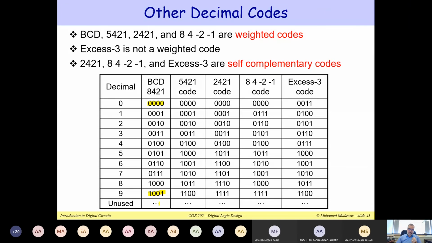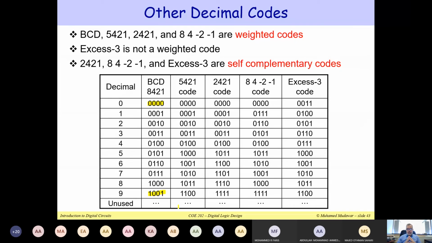So people have thought that if we use different weights, we might end up with different codes. They came up with different ways to code the decimal digits from 0 to 9.